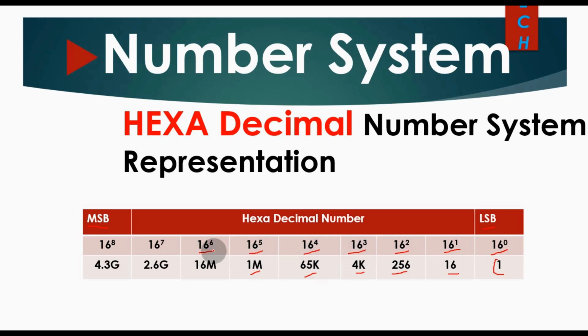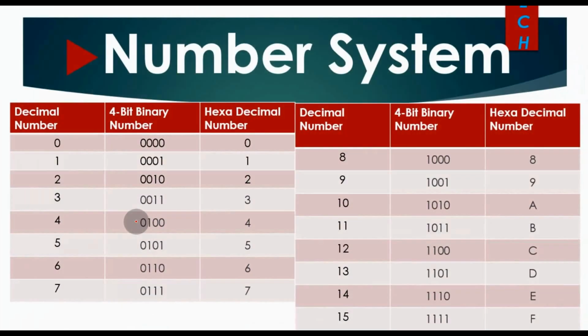For 16 to the power 6, you can write 16 million. Then 16 to the power 7 is 268 million, which is mega, and 16 to the power 8 equals 4.3 giga, that means billion. So this is basically the hexadecimal representation for the integer part.